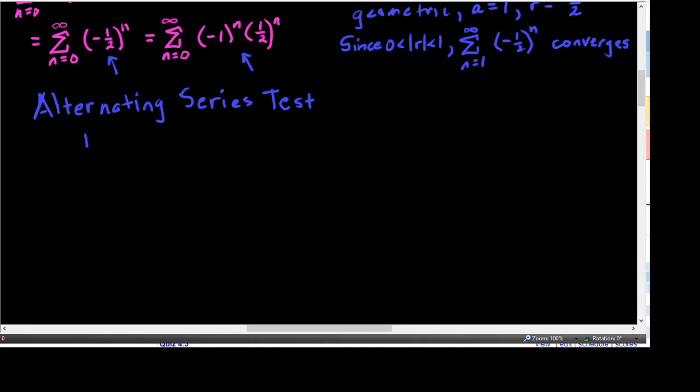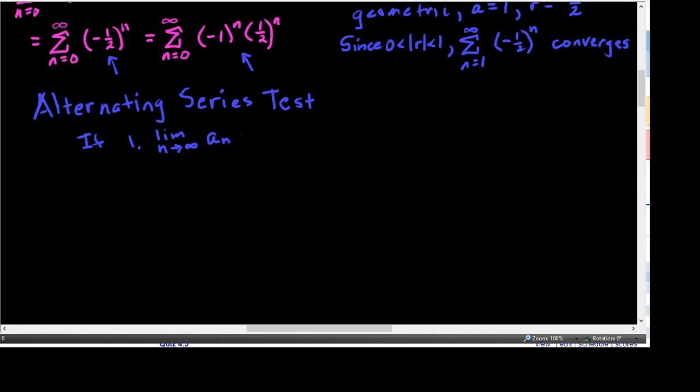And here, if both conditions are met, number 1 is that the limit as n approaches infinity of a sub n. And I want you to realize, look up at the declaration of what a sub n is. The a sub n is the thing that the power of -1 is multiplied by. It does not include the power of -1. So it's just the rest of it, not the power of -1.